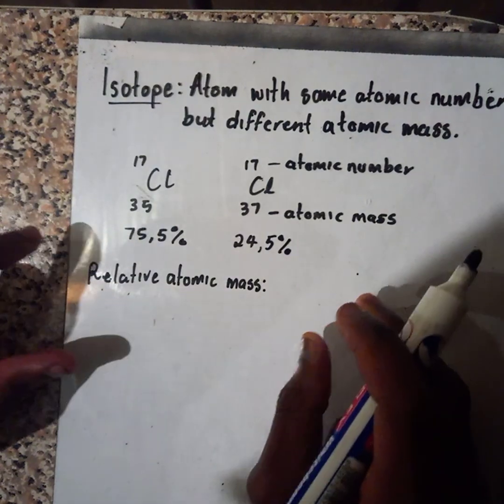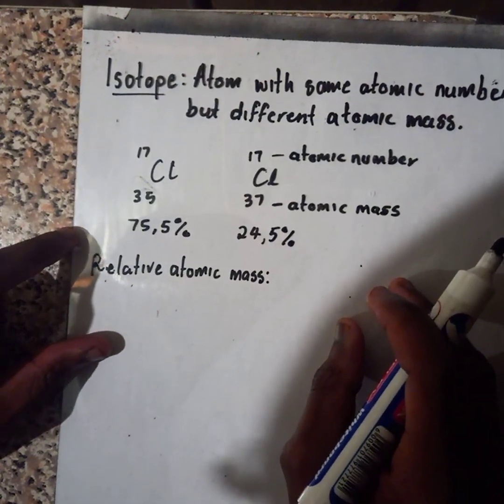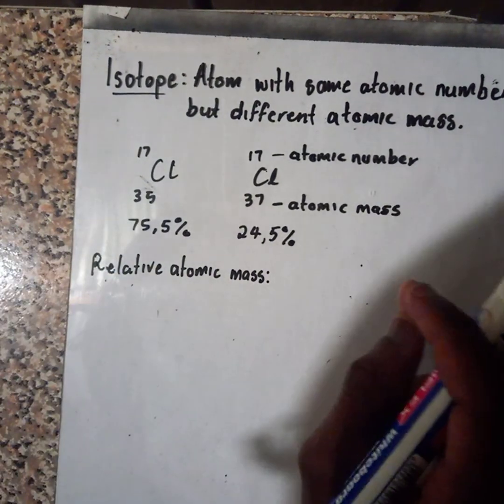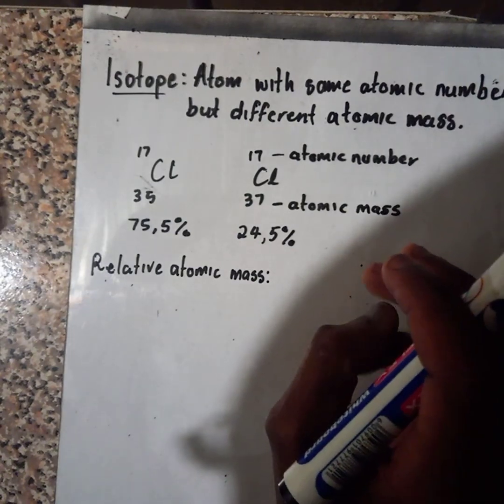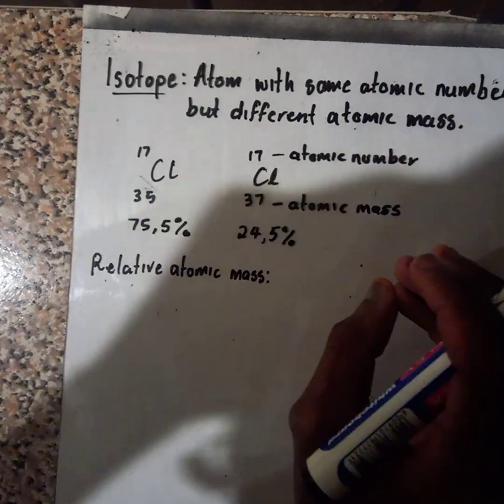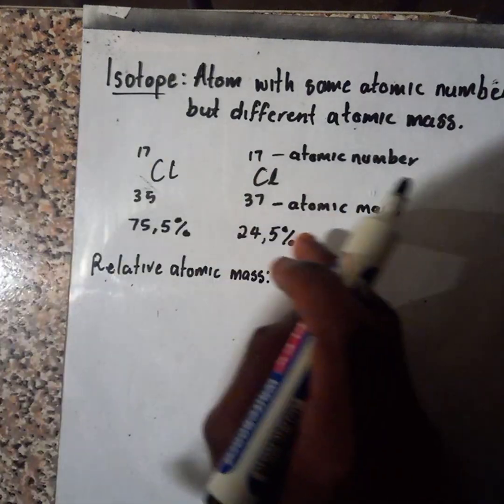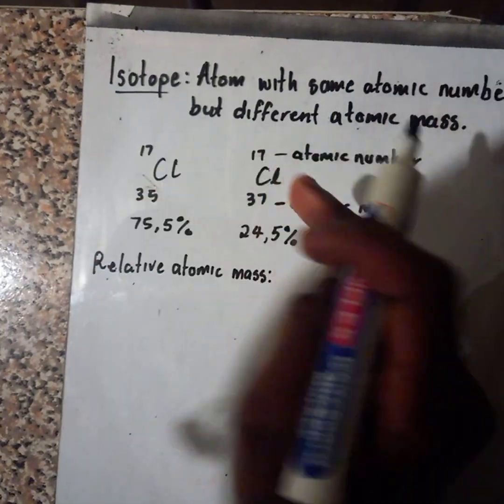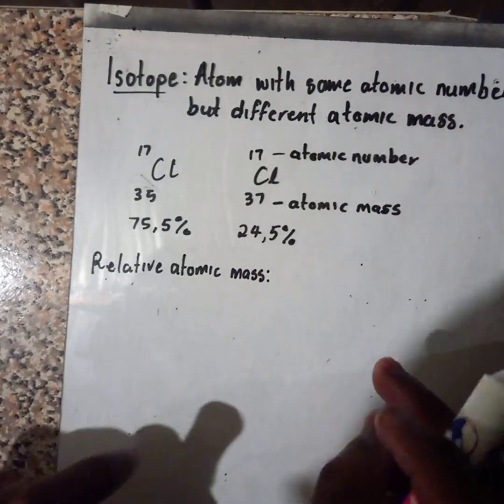See, then the question that we must do now, we must calculate the relative atomic mass for the first one as well as the second one.